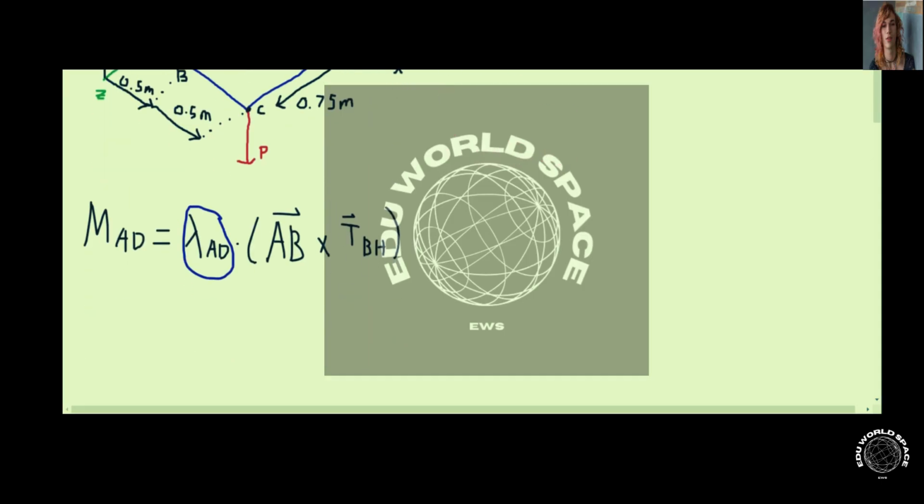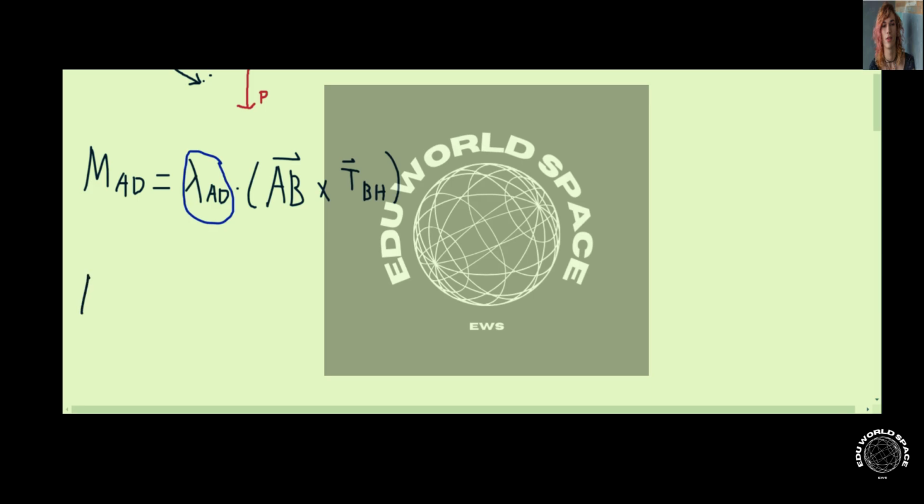So we need to first find the AD vector. So AD vector, that's gonna be equal to D vector minus A vector, and that'll give us a vector of 1i minus 0.75k.